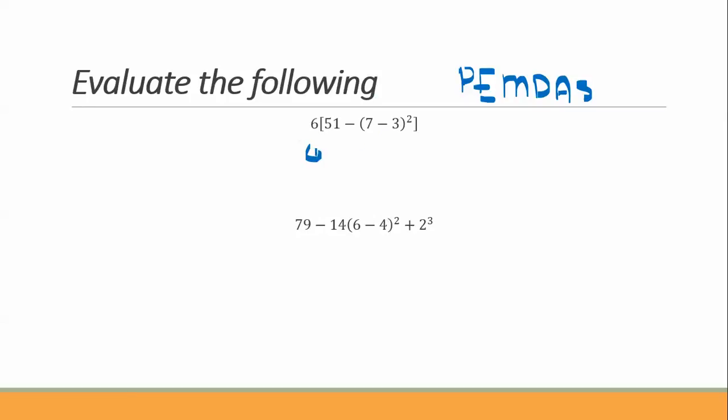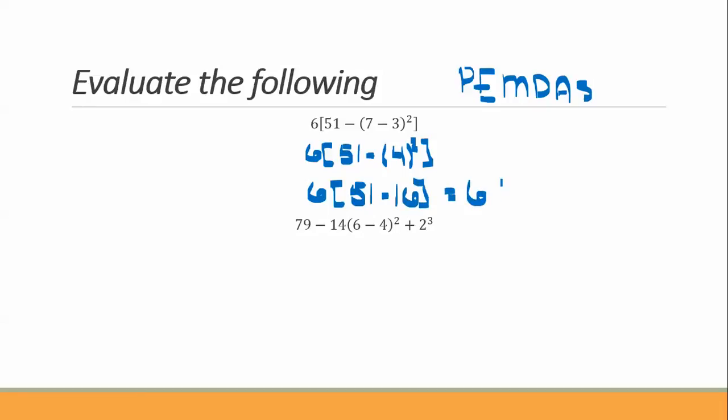So we want to do 6, and then 51 minus 7 times 3 is 4 squared. Now we can do our exponents, so that's 6, 51 minus 16.